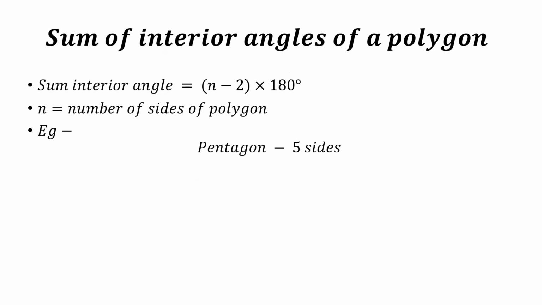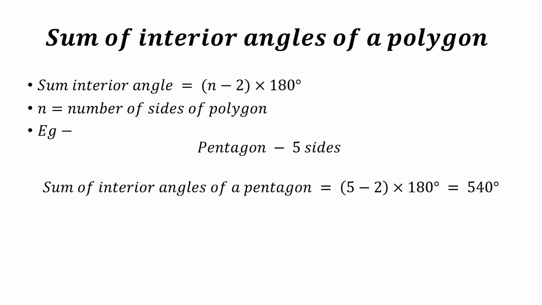A pentagon has five sides, so let's substitute 5: (5 minus 2) multiplied by 180 degrees. That will be equal to 540 degrees. When you add up all the interior angles in the pentagon, that will give you 540.